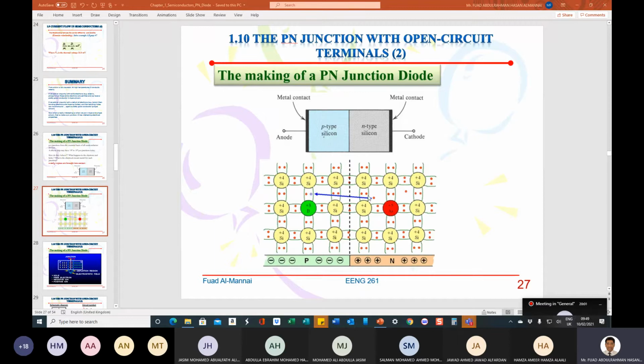They are moving across the boundary to the P side and neutralize the holes. So the electrons and the holes will be canceled out, or neutralized. The process will keep going like this until we set up an electric field. The electric field will say to the migration of electrons and holes: stop, no more migration.